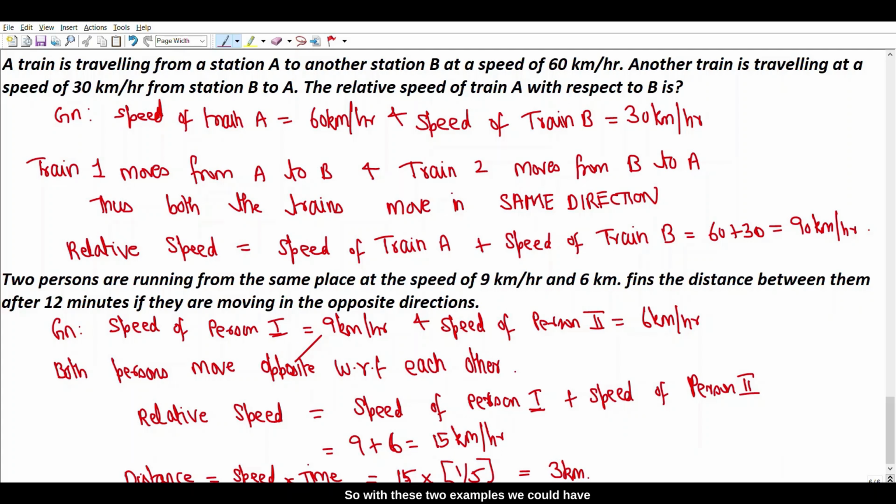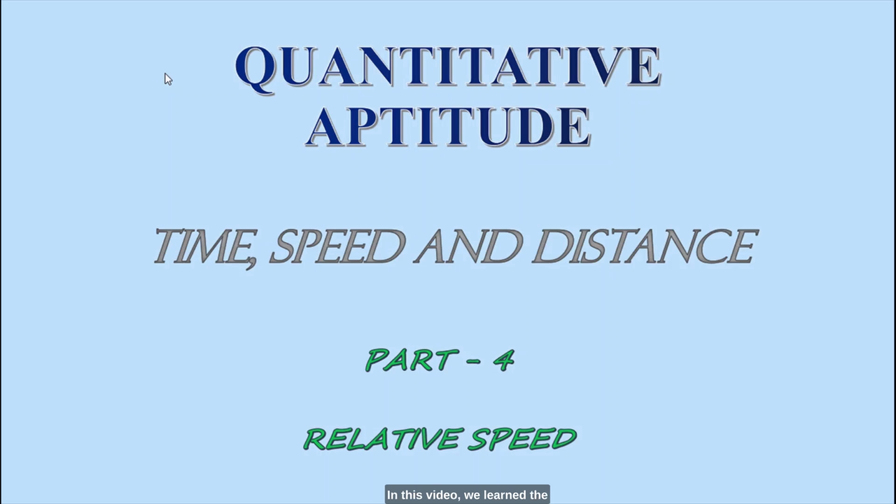So, with these two examples, we could have clearly understood that when two objects approach each other, the relative speed decreases, and when two objects move in opposite direction with respect to each other, the relative speed increases. In this video, we learned the definition of the term relative speed.